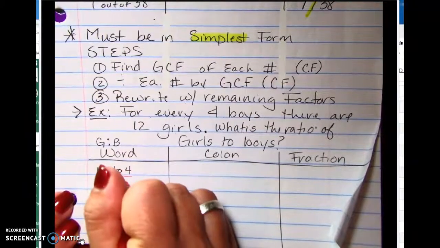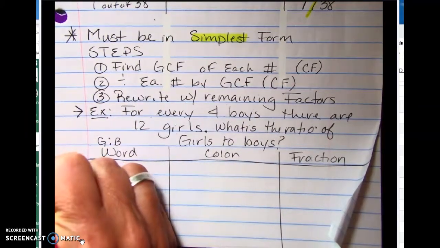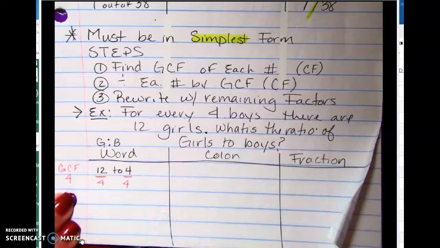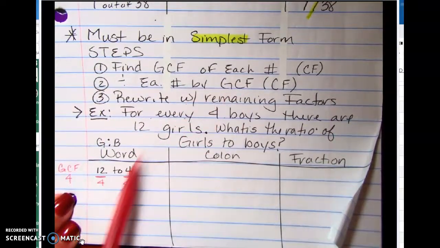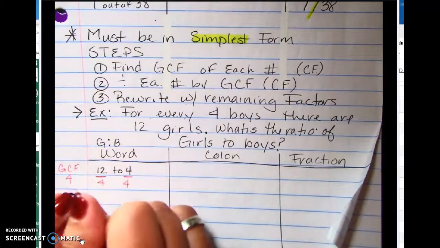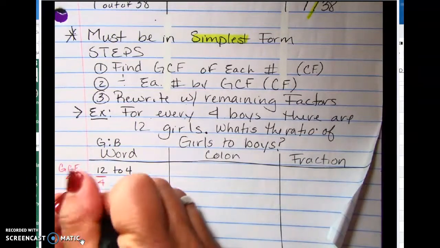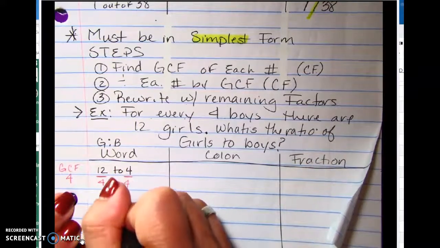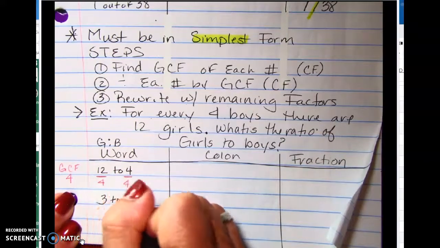So here, greatest common factor is 4. Step 1, divide each by the greatest common factor. This means division. Isn't that interesting that the fraction bar means so many different things? So 12 divided by 4 is 3, and 4 divided by 4 is 1. So the answer would be 3 to 1.